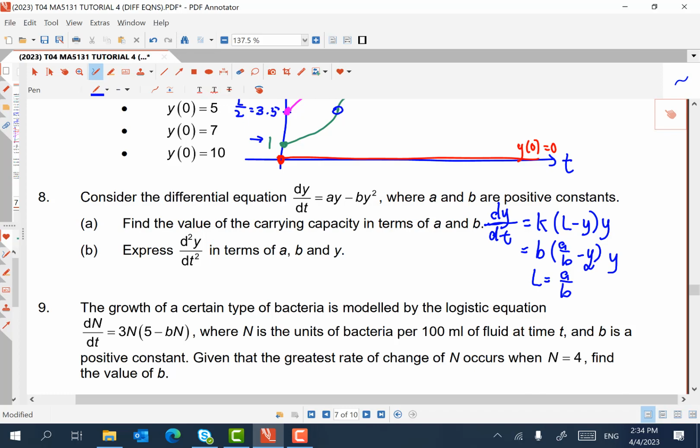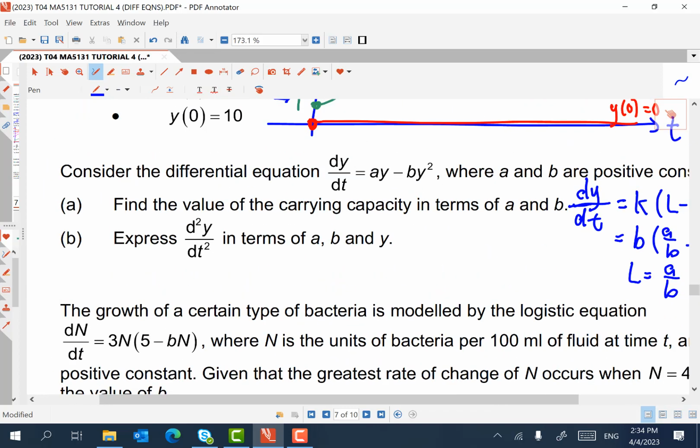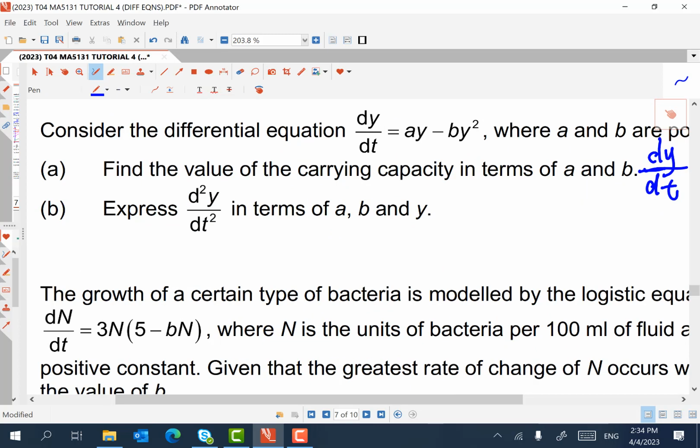Then in this question, unlike those that we've done before, we want to find the second derivative. From the first derivative, to find the second derivative, d2y over dt squared, means you differentiate what you have above with respect to time t. So we get a minus 2by dy/dt, and then we take out the common factor.